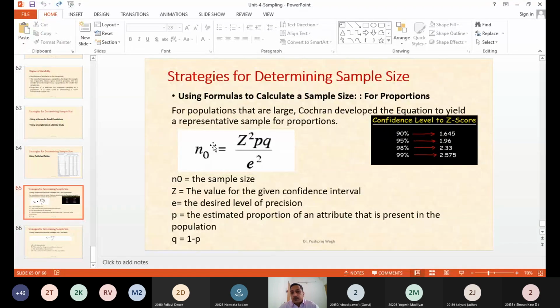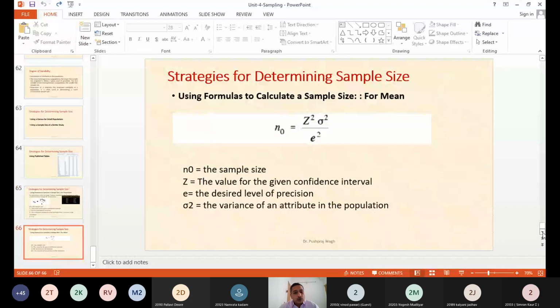For those types of responses you can use that formula. However, if the responses are polytomous, that means there are more than two options for the response, then this type of formula can be used.